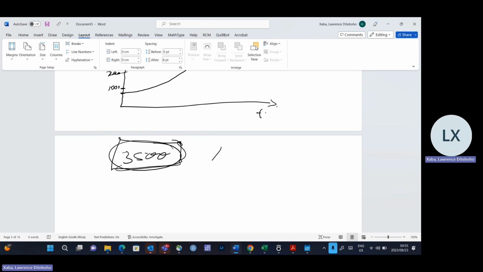The question is, what is going to be our T? Because most of the time we've been given T. If you remember the two examples, we're given T, that the T is 10 years, the T is 30 years.